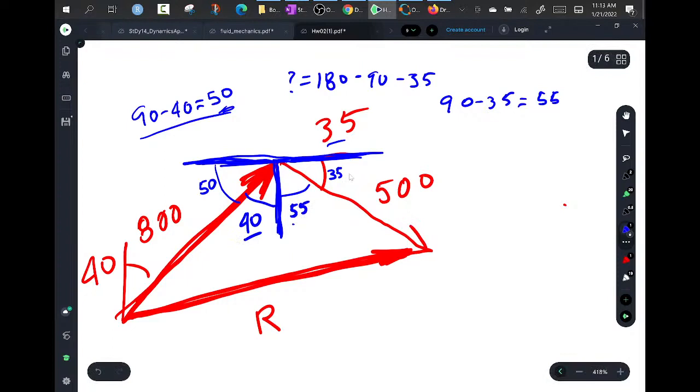So it gives me 40 and 55, gives me back not 90, but 95. So I got this thing here. This is kind of strange looking, 95.